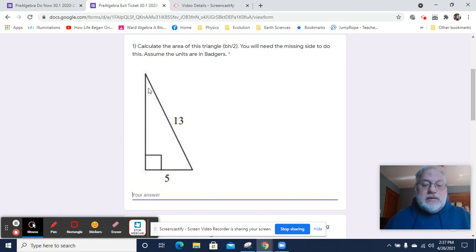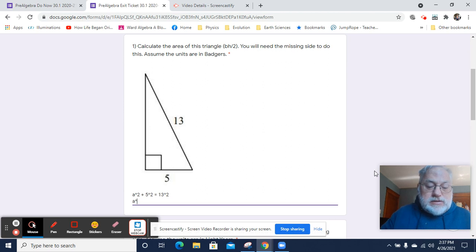This is the C part, and these two are the A and the B. I'm going to just call 5 B. So A squared plus 5 squared is going to equal 13 squared. We've got to find the missing side using this. So A squared plus 25 equals 169.